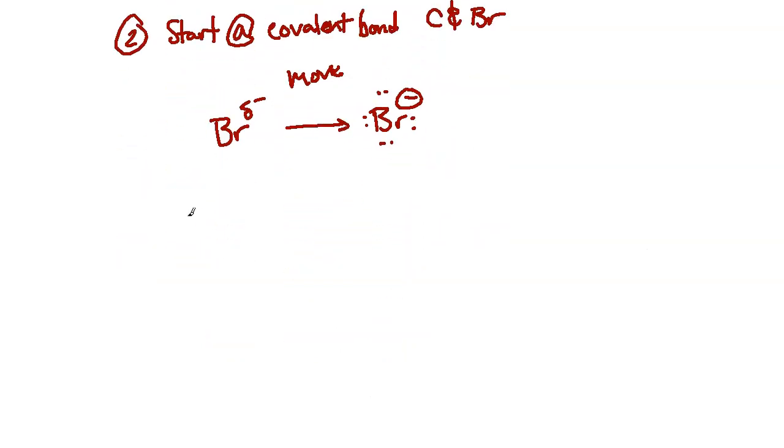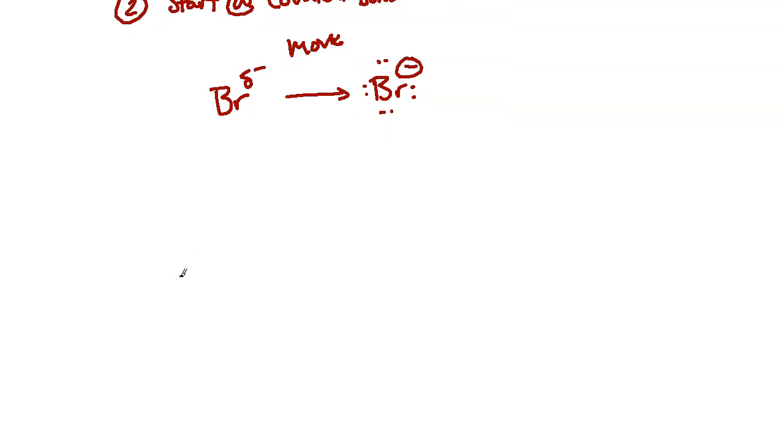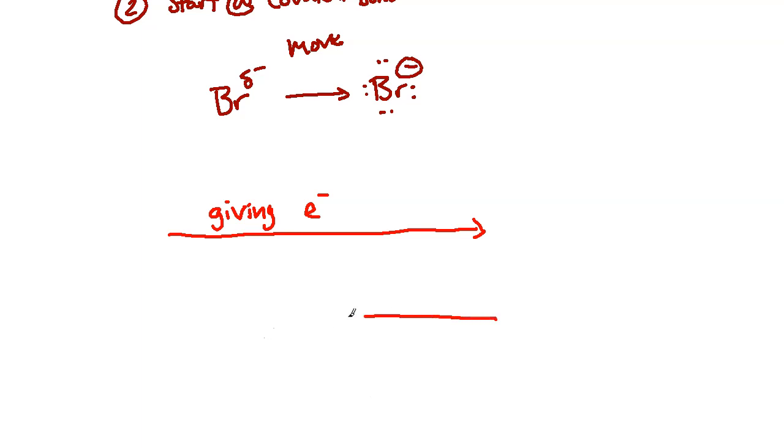All right, now we have to also consider there's a sliding scale here. So on one direction, we're going to discuss giving electrons. So this is when you have your arrows originating. And then you are going to also have on the opposite end of the spectrum, accepting electrons.